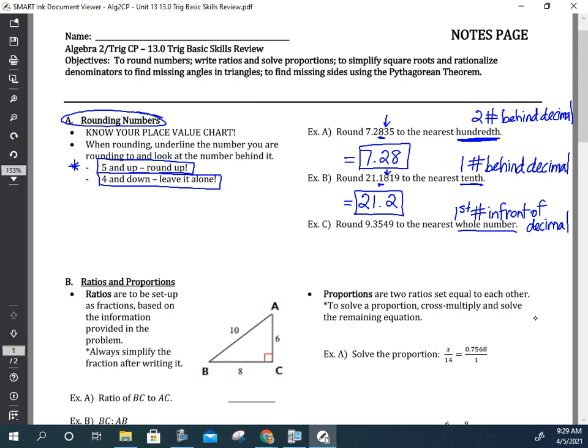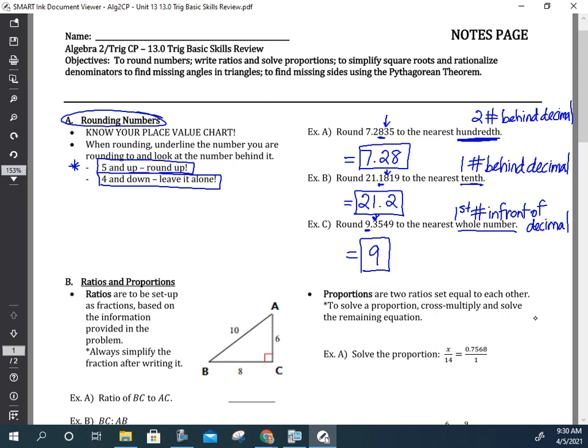That's that 9. The number behind it is a 3. 3 is not going to change anything. And 9. Once you round it, all the other numbers fall off.